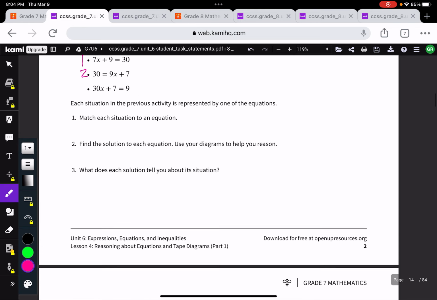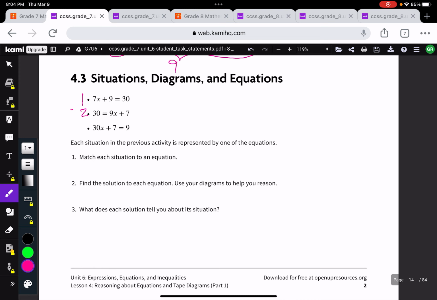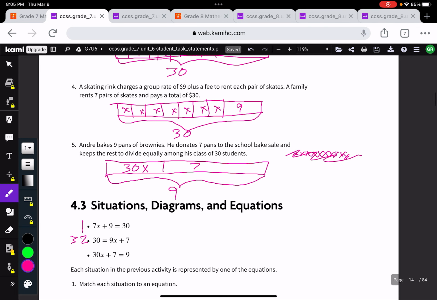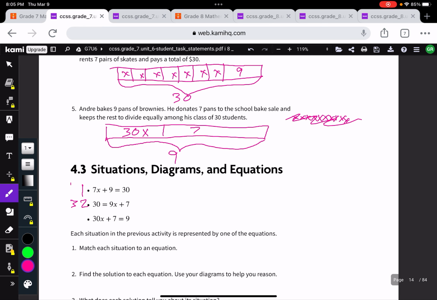It looks like number 3 goes with that one. Number 4, there are 7 X's and a 9 equal to 30. And that's just like that one. And number 5, we see 30 X's and a 7 equal to 9. So that one goes with 5. So we've matched each one.